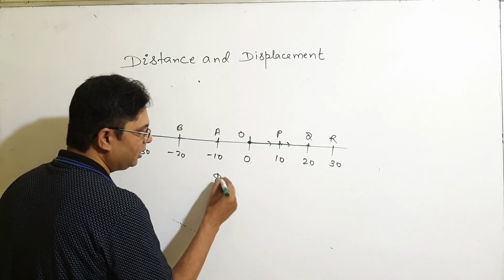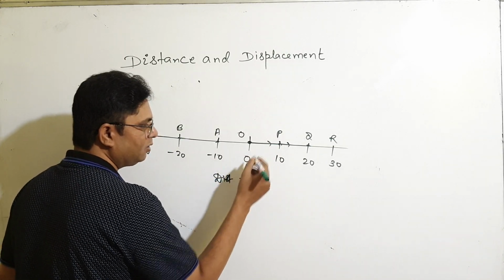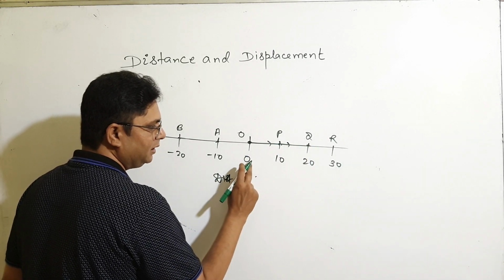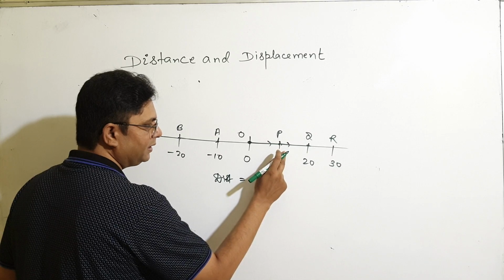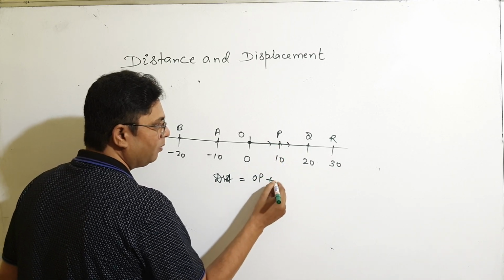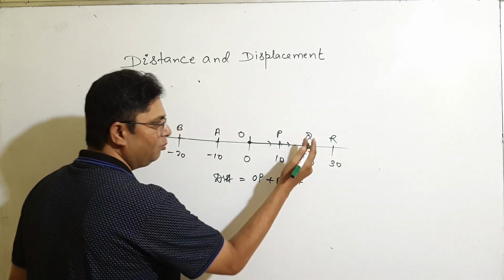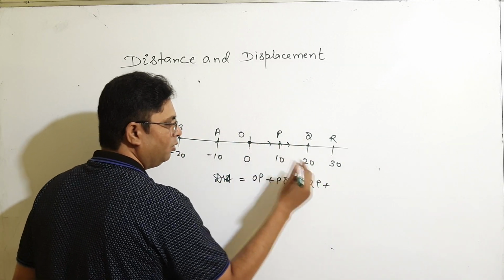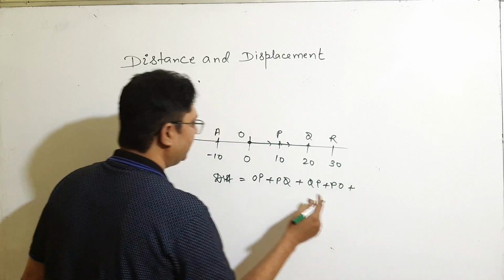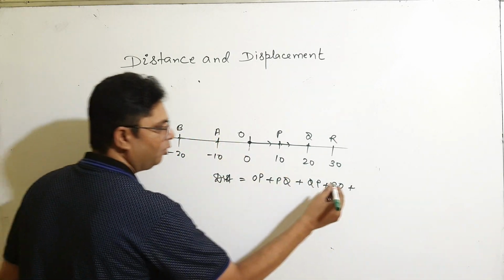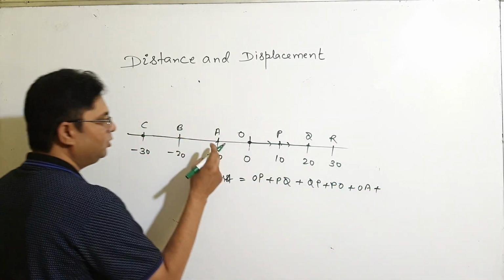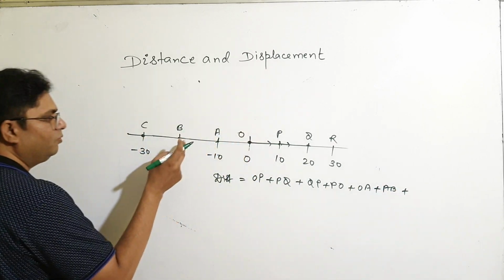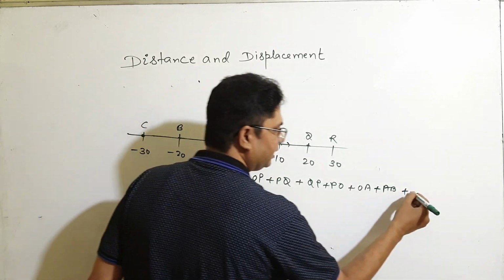So when you talk about distance, it is O to P, P to Q. O to P is 10, so OP plus PQ. Again you move in reverse, so you have QP plus PO plus OA plus AB plus BC.